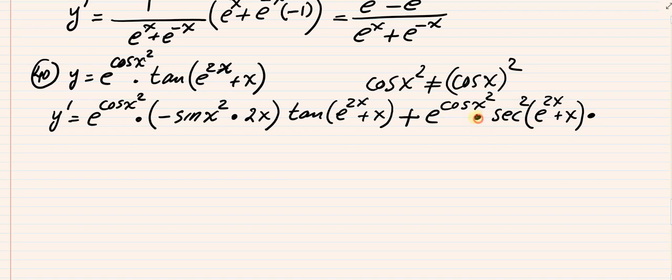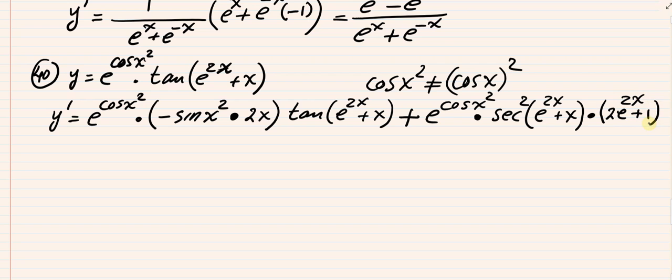Notice how, by the way, I'm clearly using a boldface multiplication sign, because we cannot multiply these arguments by these coefficients. Okay, so derivative of e to 2x is going to be 2e to 2x, right? Itself times chain rule, derivative of 2x plus 1. And there you have it.